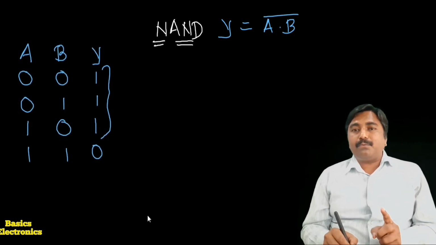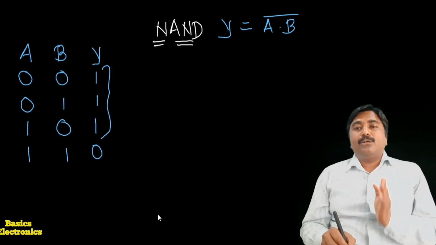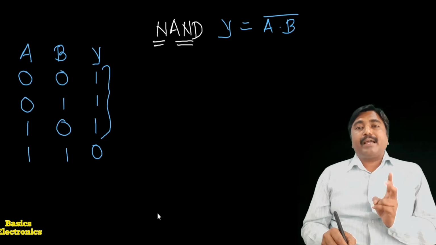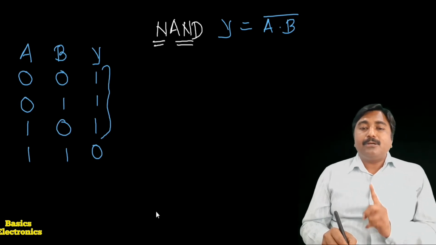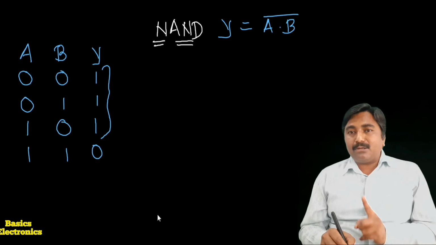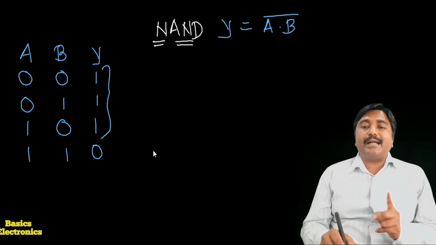By using the first three conditions, we can define the NAND gate: the NAND gate produces logically high output when any one input is logically low, or all inputs are logically low.